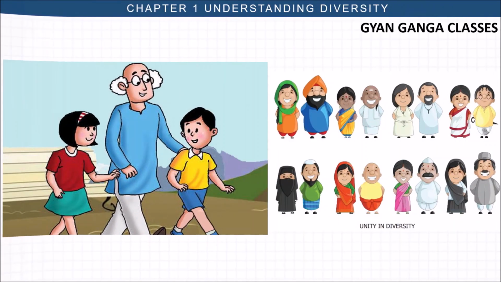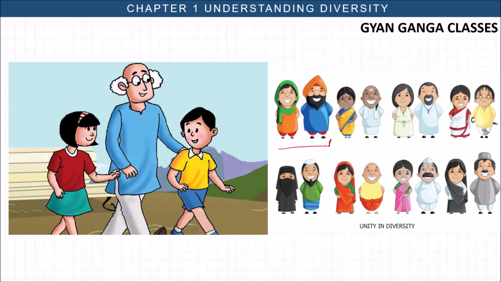So this way, one day Rahul asked his Dadaji why there are so many different cultures in India and how they just reside in one place. Dadaji laughed and said yes, there are different cultures, different people who speak different languages. Almost 100 different languages are spoken in India and people still reside in one place, in one country.